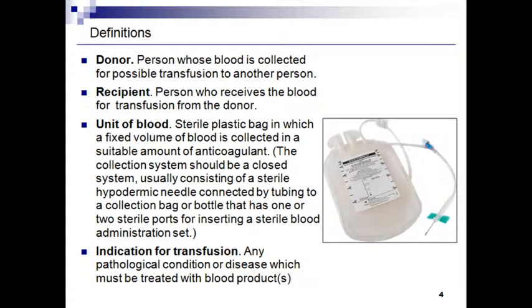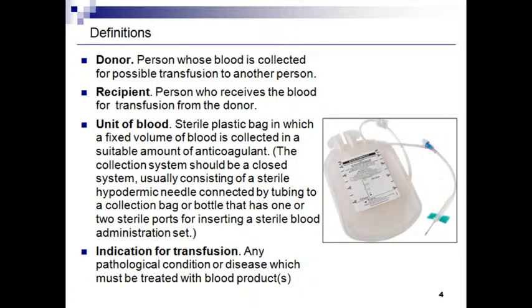From the components, we can prepare products of the blood components and use them for treatment of patients in clinical hospitals. Second definition, recipient is a person who receives the blood for transfusion from the donor. This is indirect transfusion, when the recipient takes blood from the donor.